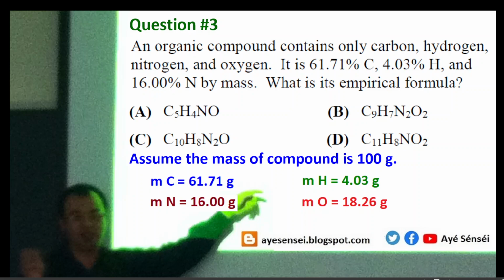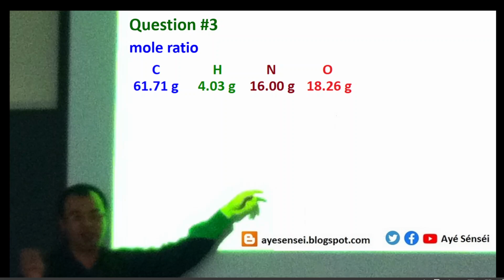Next, after we find out the masses of the components, to find the empirical formula, we have to find the mole ratio of the components, or the mole ratio of the elements. Let's recall the masses that we have obtained. To get the moles, we have to divide these values by the Ar value.